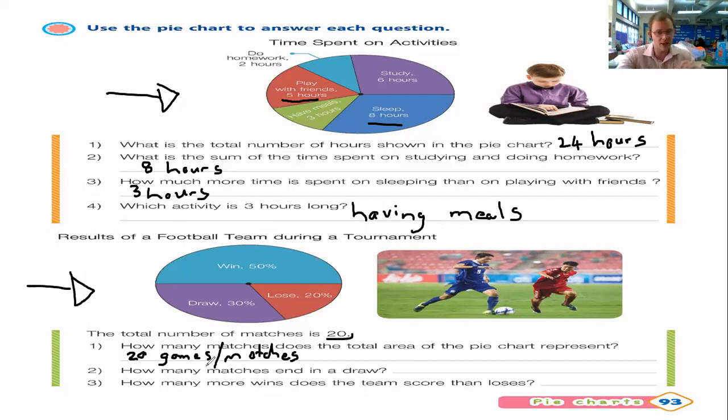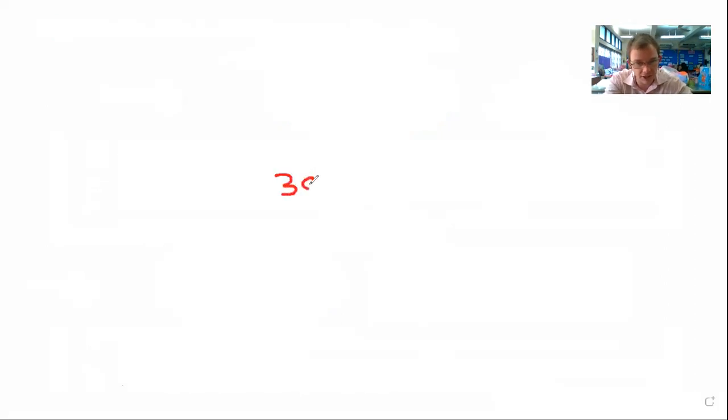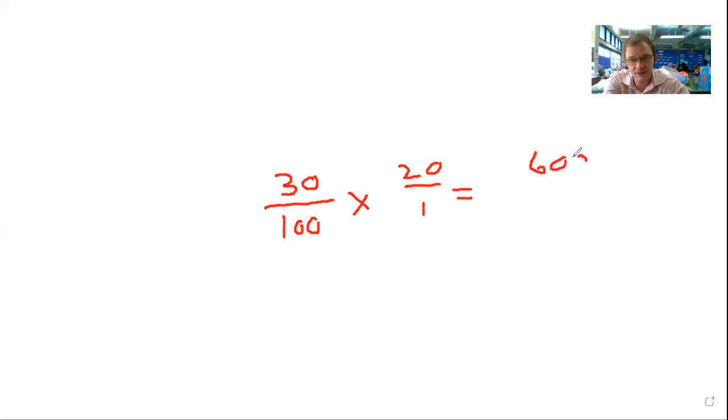Let me show you the way we calculate it. So we want to have a draw, and here they say a draw happens 30% of the time. So if you want to calculate how many matches end in a draw, it'll be 30%, and if you work with a percent, it's always over 100. 30% multiplied by 20 games over 1. So 30 times 20 equals 600.